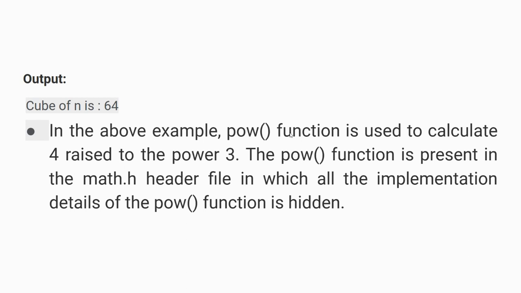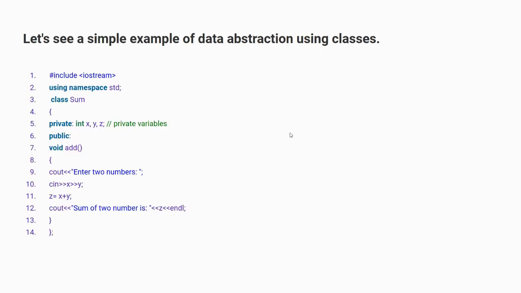The output will be 64. In the above example, the pow function is used to calculate 4 raised to the power 3. The pow function is present in the math.h header file in which all the implementation details of the pow function are hidden.